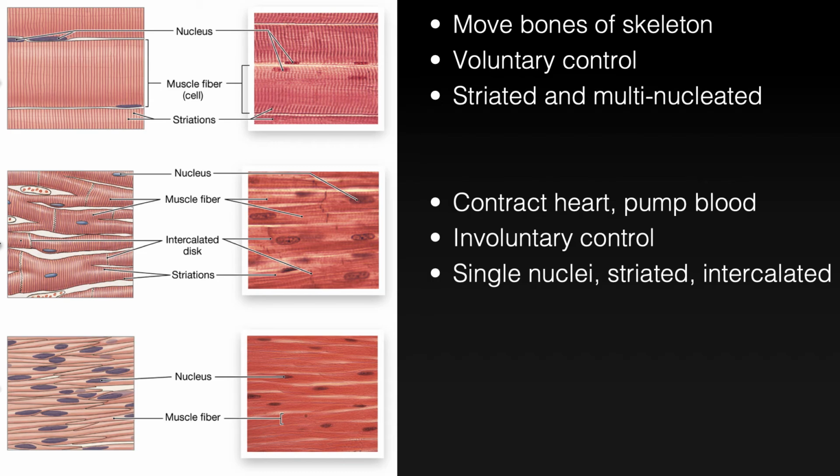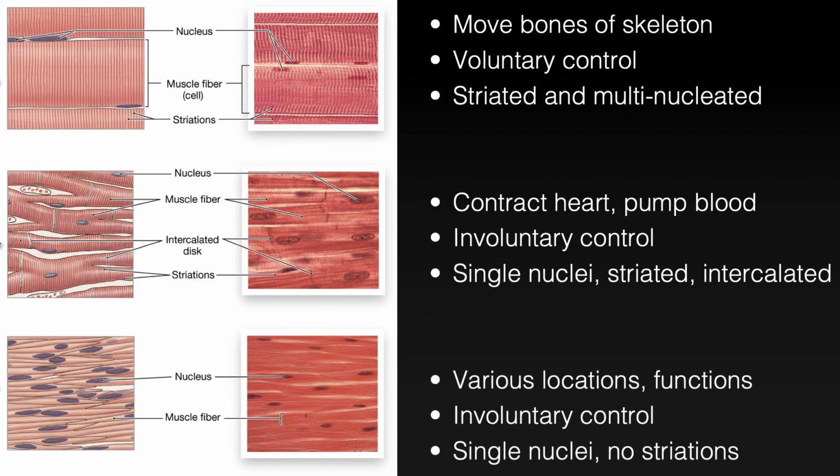Lastly, smooth muscle. Smooth muscle looks smooth. Smooth muscle is not striated. Smooth muscle has no organized bands, no regular repeating pattern. It looks smooth.